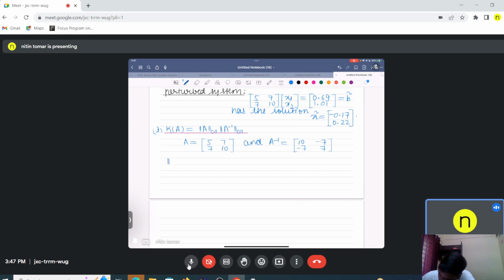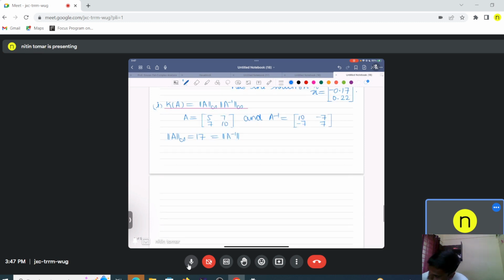Now what is this norm? Remember, this is the column sum. So this norm will be 17, and again this will be same as this.